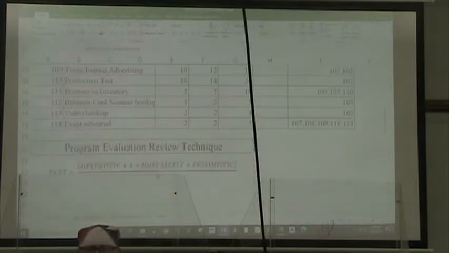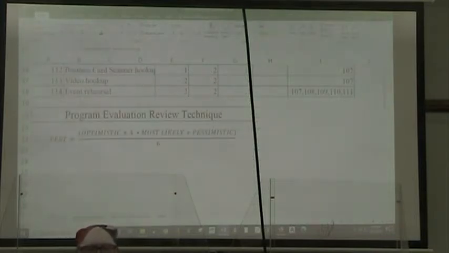All right, so how we do that is we have this formula where our PERT time is equal to the summation of our optimistic time plus 4 times our most likely time plus the pessimistic time, and divide by 6.